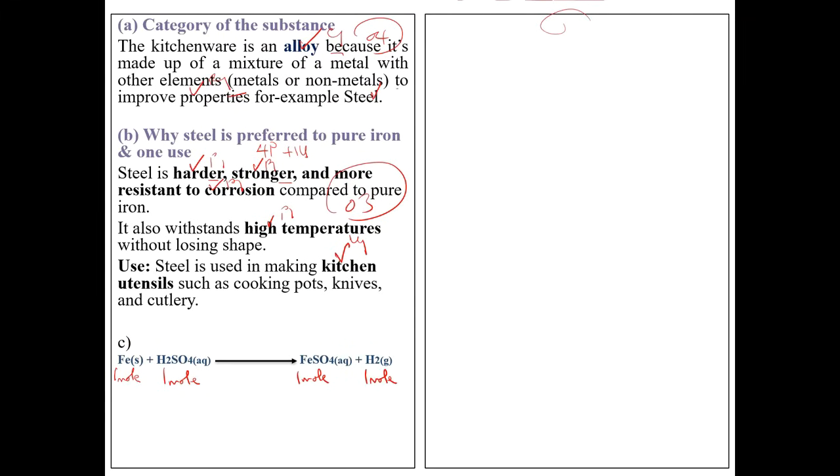Now we need first to check whether it is balanced. Is the equation balanced? We have 1 iron atom, 1 iron atom, 2 hydrogen atoms, 2 hydrogen atoms this side. Then sulfur only 1, even here only 1. Oxygen 4 atoms, even here oxygen 4 atoms. So which means our equation is balanced.